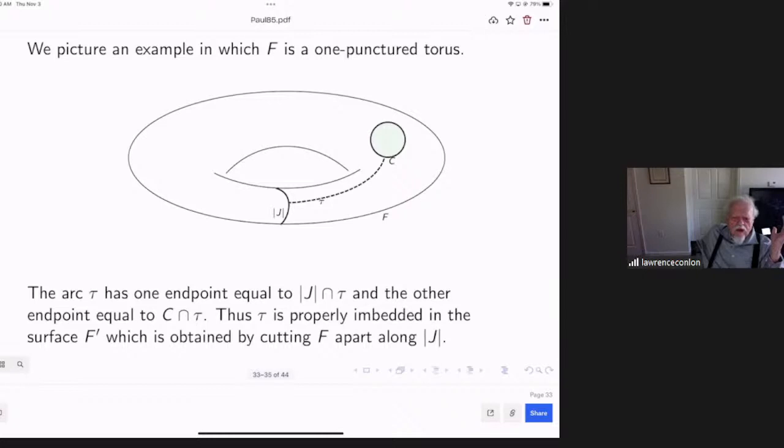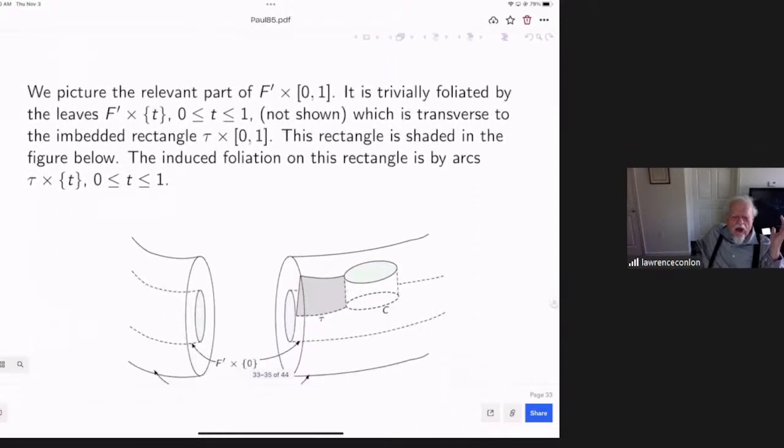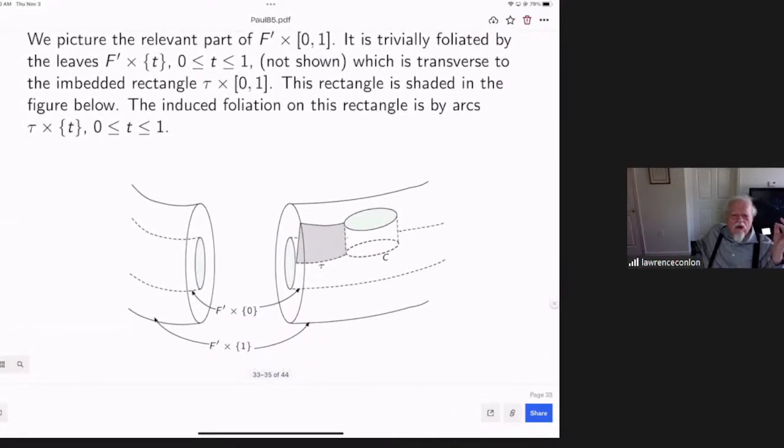All right, next slide. So here's the relevant part of F prime cross the interval, right near the juncture. I've split along the support of the juncture and crossed with 0, 1. I don't show the foliation.